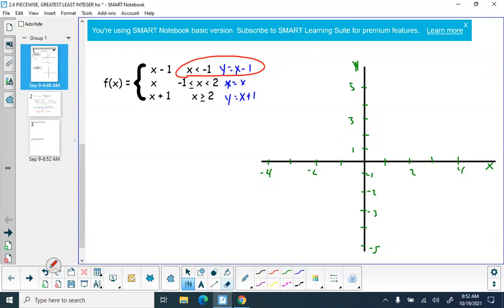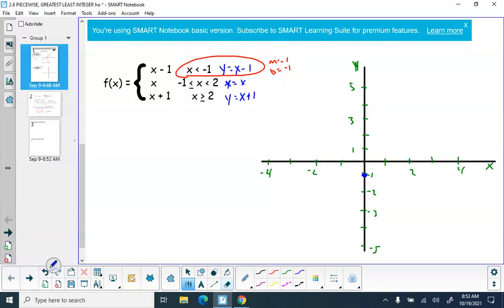And hopefully we can say that the slope is a value of 1 and the y-intercept is a value of negative 1. So on our graph, we're going to graph y equals x minus 1.